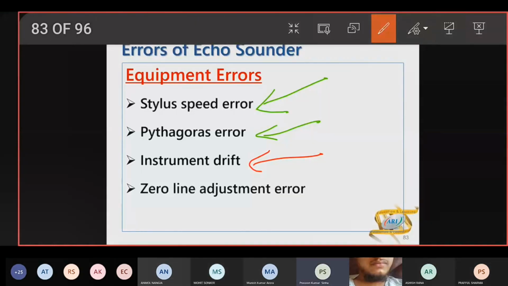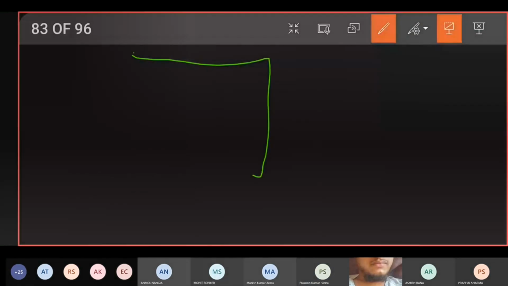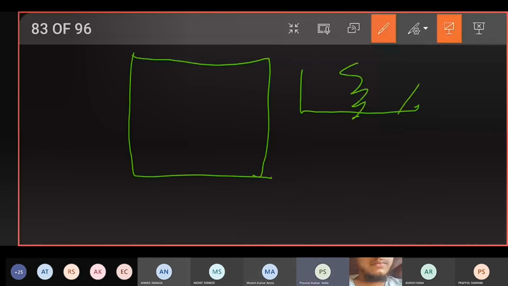Zero line adjustment error. This also we know, that when the ship is transmitting pulses, when the pulse is beginning, the stylus should be at 0 point.